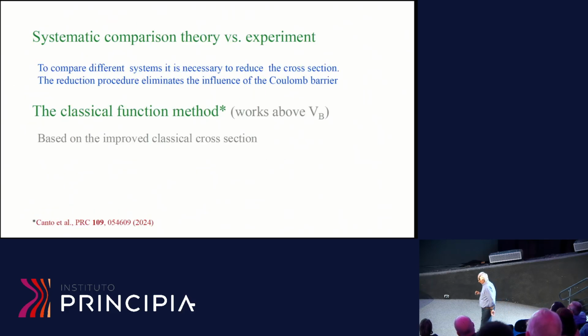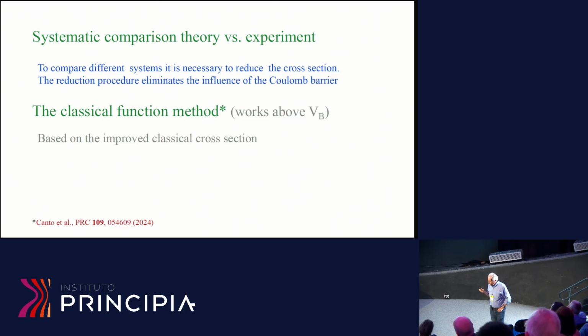Well, we have reasonable agreement between theory and experiment, but for a better assessment, it's convenient to look at the whole set of calculations and data and see if one can find systematic behaviors of the cross-sections, and whether the theoretical cross-section can explain these behaviors.